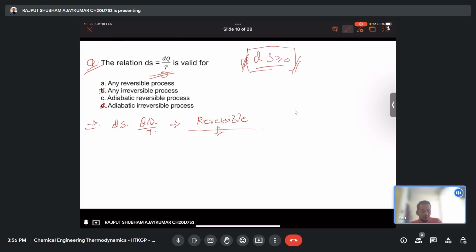But what has been given in the question is that this equation is valid only for a reversible process. If I say the process is reversible and adiabatic, adiabatic means Q equal to 0. So for an adiabatic process, there is no heat flow in and out of the system.